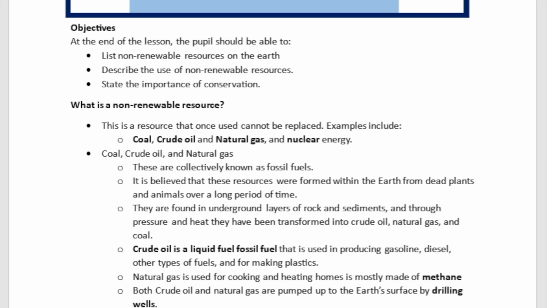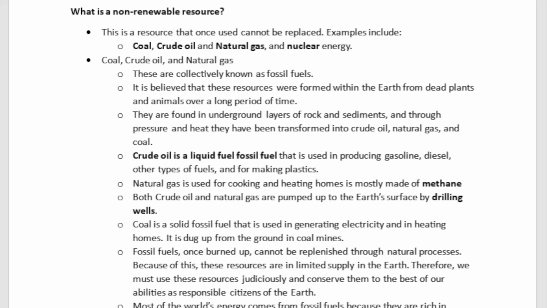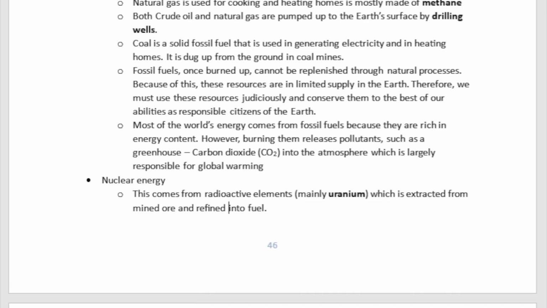Fossil fuels, once burned up, cannot be replenished through natural processes. So what about nuclear energy? Nuclear energy comes from radioactive elements, mainly uranium, which is extracted from mined ore and refined into fuel.